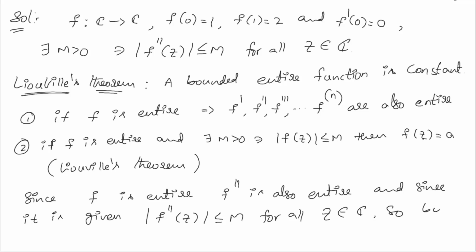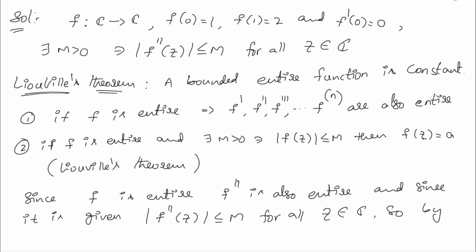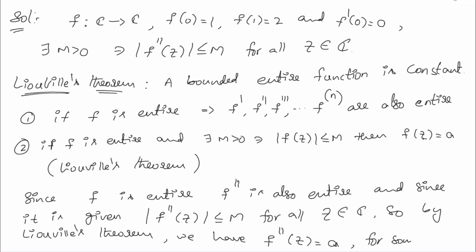by Liouville's theorem we have, since it is given that f double dash is bounded, f double dash of z is equal to some constant a in C. Since it is given that f double dash is bounded, not f, we have f double dash is some constant.